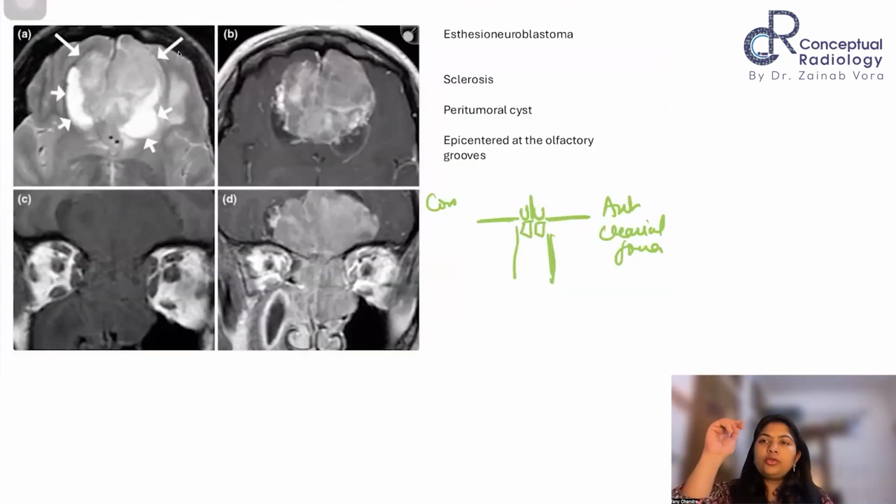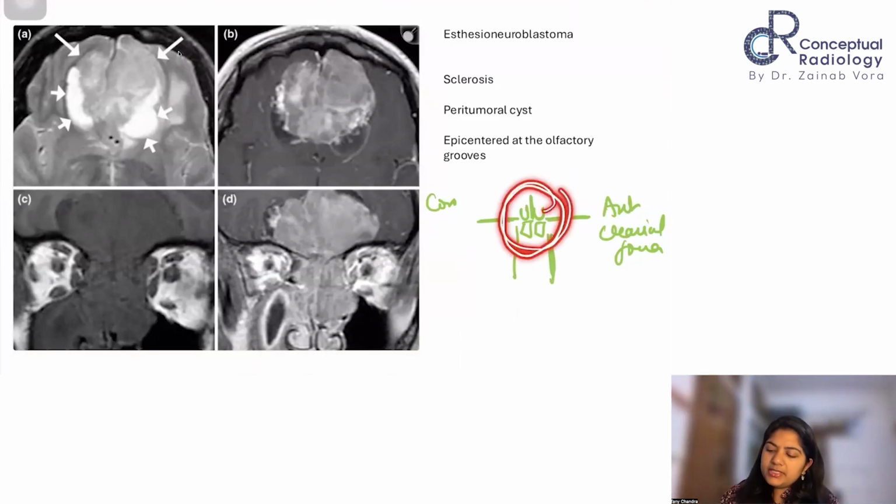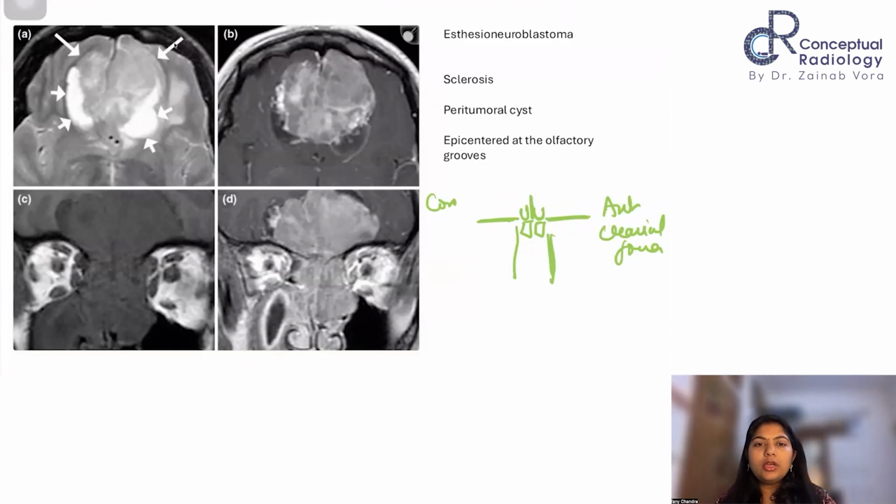Now, if we move on to the neuroectodermal tumors. Because the reason to approach these tumors again, now we are seeing where our epicenter is, right? But this is a peculiar tumor, can come as a spotter, can be given as a long case also. So, what is CP? Craniopharyngioma.